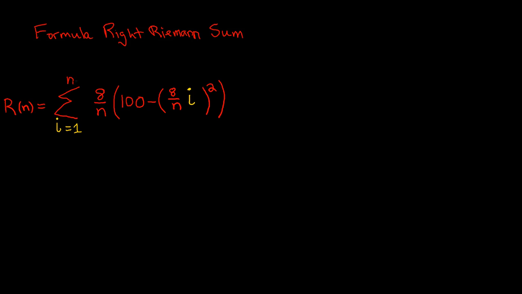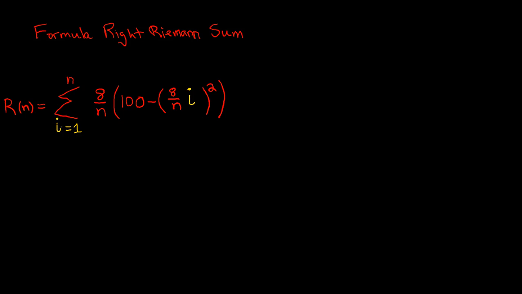But within the context of this problem, we're thinking about n as a constant, because you're telling me how many rectangles to use. Like you're saying use 1,000 rectangles. So if you say use 1,000 rectangles, then n is 1,000. So n is actually a constant. I mean, it's an unknown, but it's actually a constant in the context of this formula.